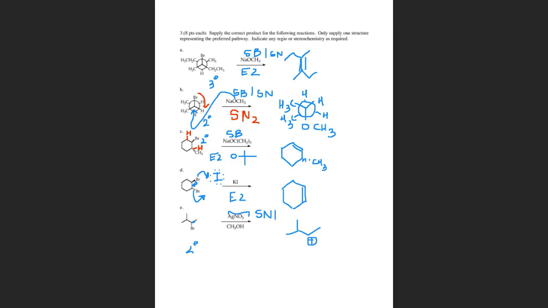Now, the only step that you do have to look at is you look at the neighbors and see if there's a better cation position. So remember, cations like tertiary and resonance and all of that, right? So in this, there could be another intermediate where there is a hydride shift, okay?